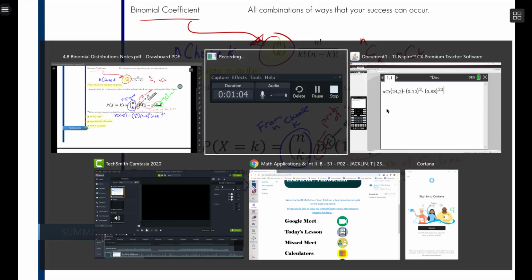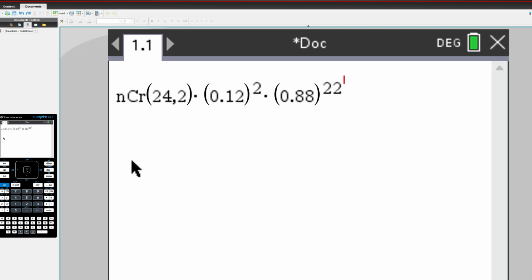Okay, now let's go to our calculator. When we punch this in, if you're using a TI Inspire or any kind of TI calculator, the 24 choose 2 is going to be this function nCr. Now, we're generally not going to use this formula. The calculator I use online is going to be a little bit different, but this will give you at least an idea.